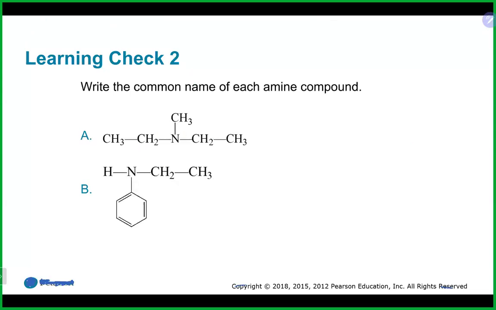Okay, so let's take a look. Again, we look at the nitrogen here just for classification purposes. We got 1, 2, and 3 carbons. So again, this would be a tertiary amine. We're going to just find our groups here. So that is a 2-carbon group, which is an ethyl group. That obviously is a 1-carbon group, which is a methyl.